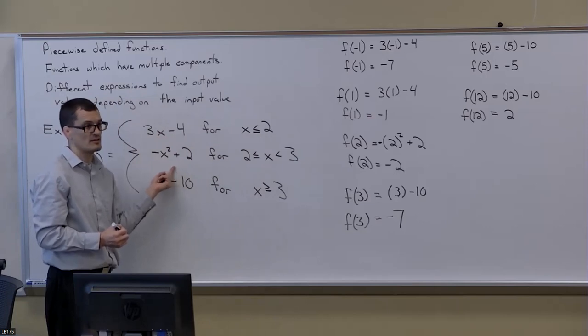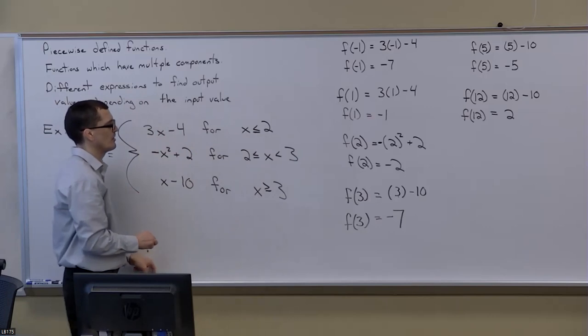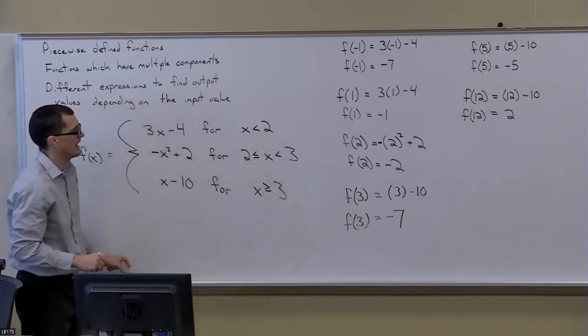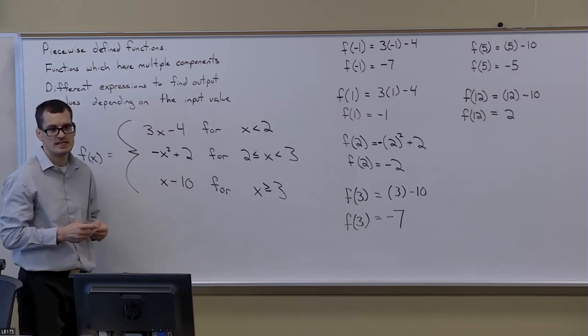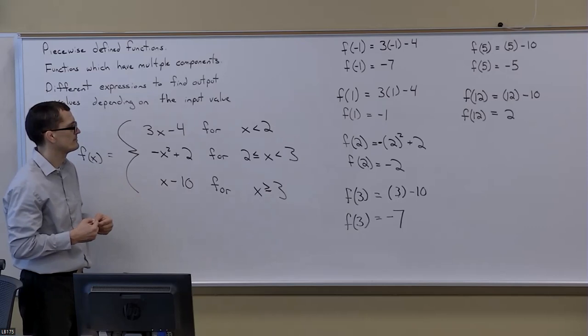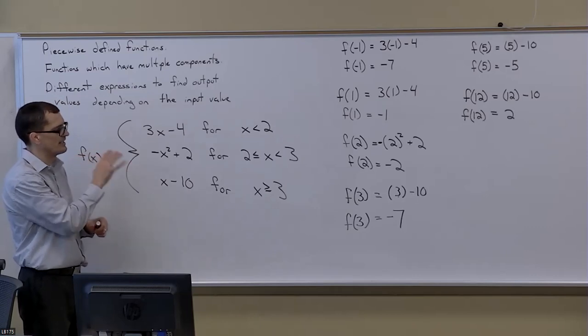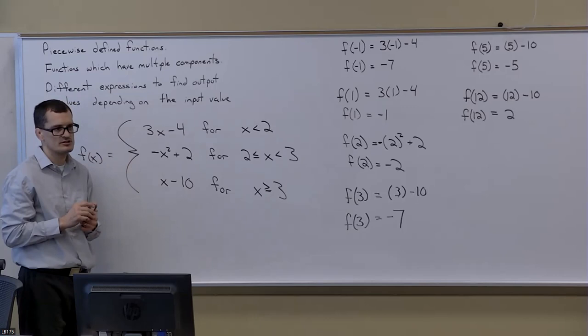That would fail the vertical line test, so that wouldn't be a function anymore. So in general, we'll only have equality on one of those and inequality on the other. Any questions about plugging in and getting outputs for piecewise defined functions?